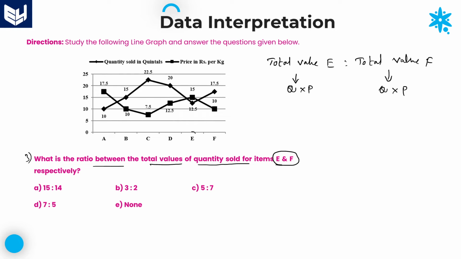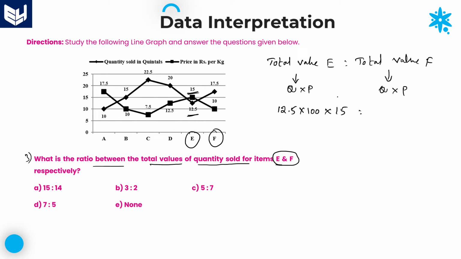As we are talking about E and F, first you just take item E. For item E, quantity is equal to 12.5 quintals, and then you need to multiply with 100 in order to get kgs. After that, price is 15 rupees. And then that is the total value.